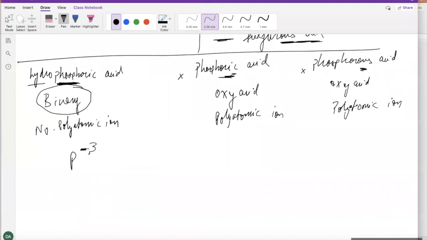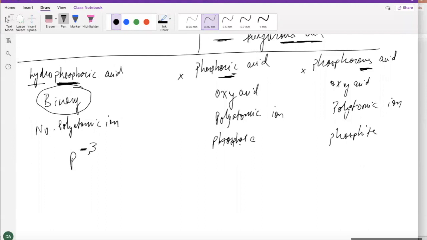Okay, now phosphoric acid and phosphorus acid, both are oxyacids, both have polyatomic ions. So which polyatomic ions do they have? Since this is ic acid, it must be phosphate. And since this is phosphorus acid, this must be phosphite.